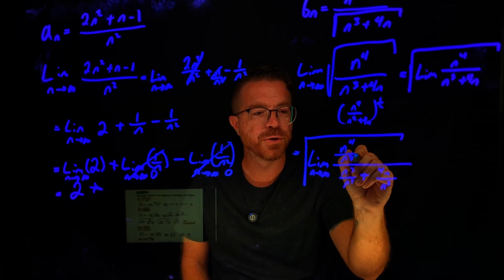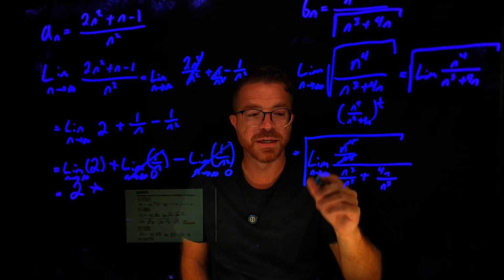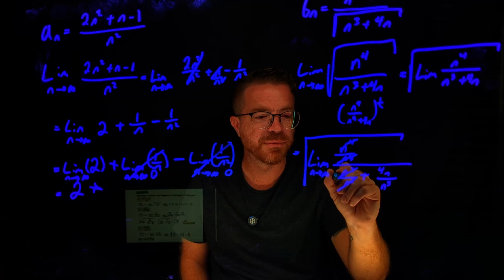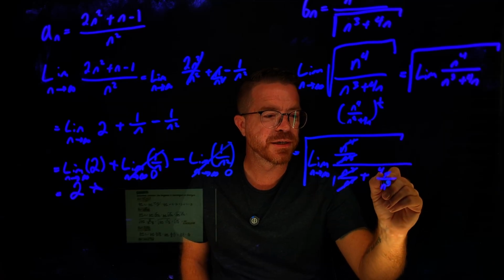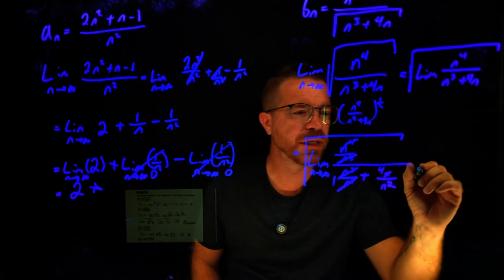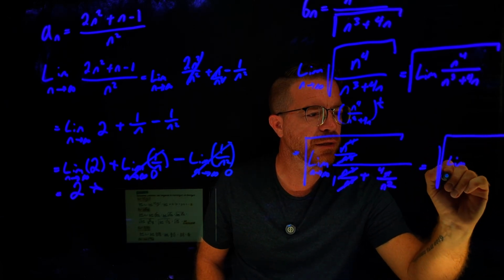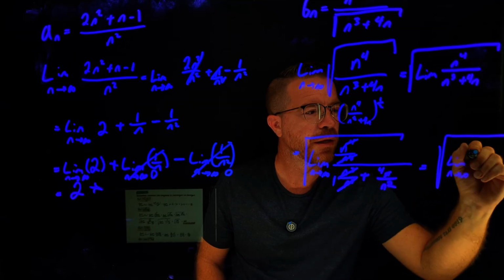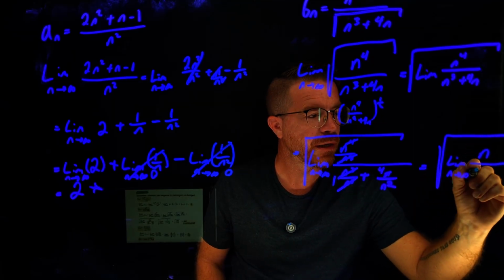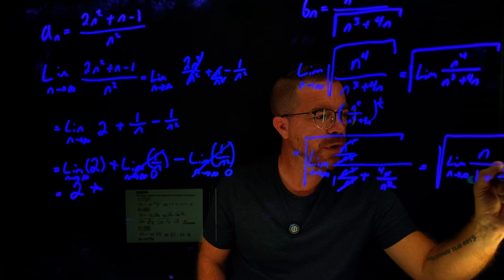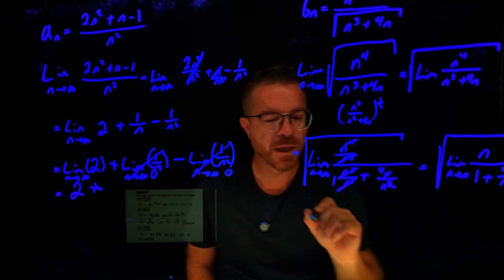This n cubed is going to cancel with 3 of these n's, leaving me with 1. This 1n is going to make this squared. So this leaves us with the square root of the limit as n approaches infinity of n divided by 1 plus 4 over n squared.